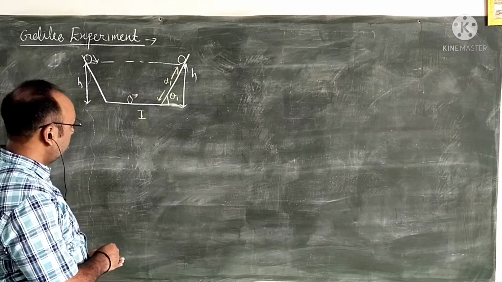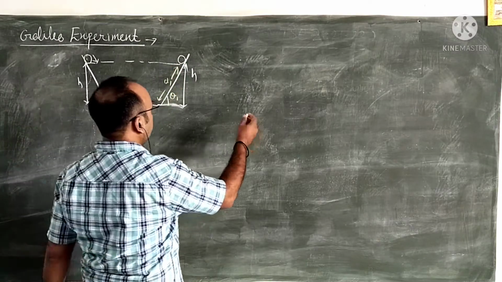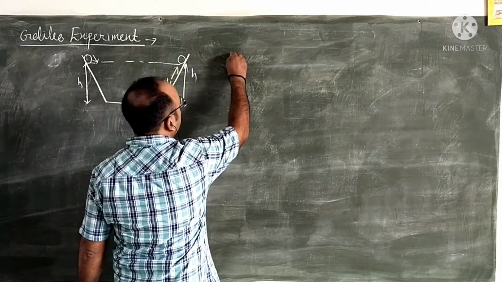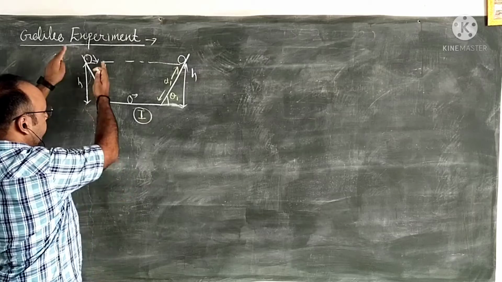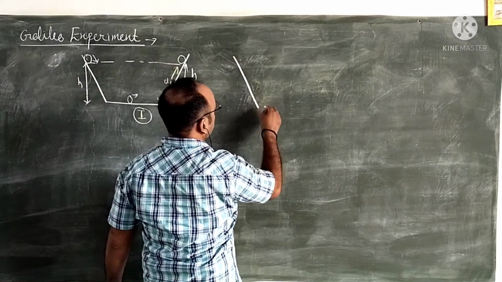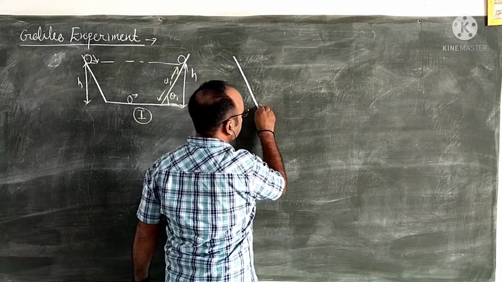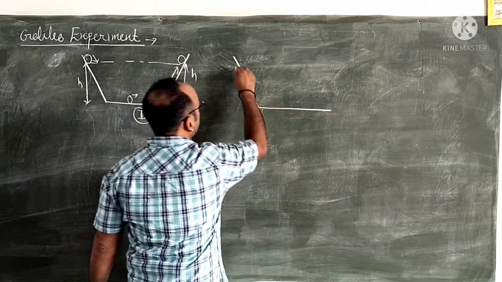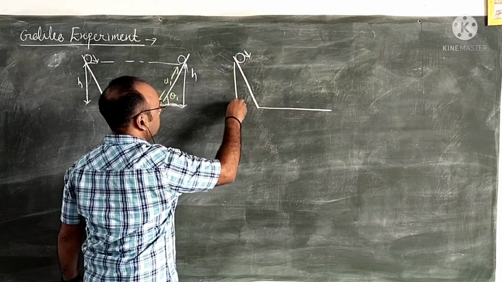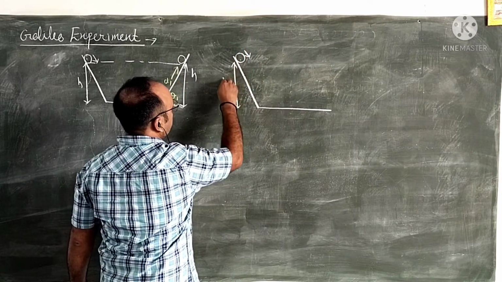Then this is case number 1. Then he took another case. He kept this side the same, with no difference on that side. The ball was released from this point, at height h.